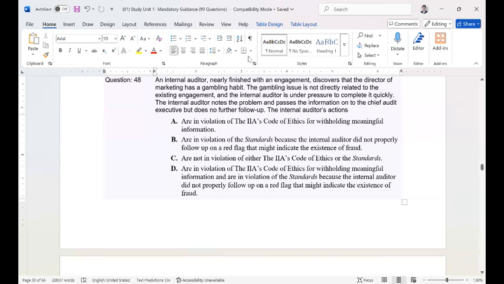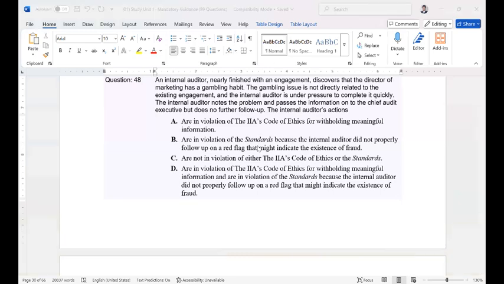What is this? What's the answer? It's actually, I think it's B.